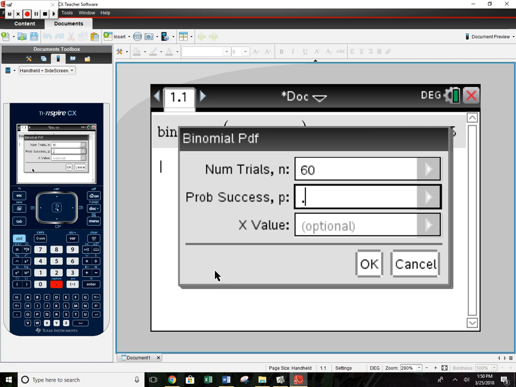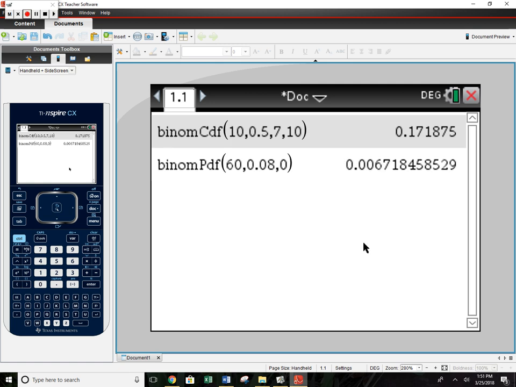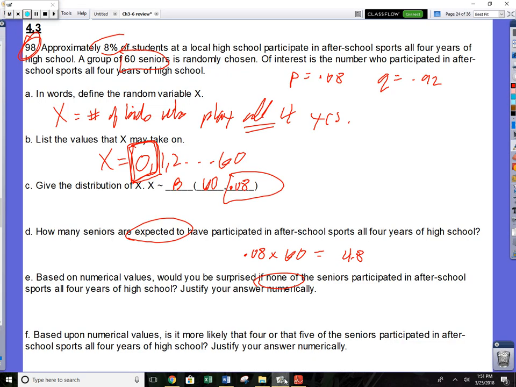Each success has an 8%. And I want this. What are the chances that none of them play all 4 years? And that is 0.0067. Okay, none of them. So the chances that none of them play all 4 years, that was like 0.0067. So it's like a 0.7% chance.